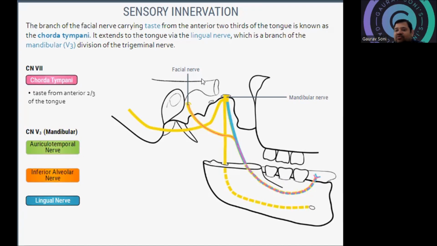But it extends to the tongue via the lingual nerve. If you want to see the lingual nerve directly, this is the lingual nerve. Via the lingual nerve only, it is going to give you the supply. And this was the chorda tympani also. So both have some common pathway you can see from this diagram. Other than this, there are the auriculotemporal and inferior alveolar nerves also, which are branches from the third part of the trigeminal.